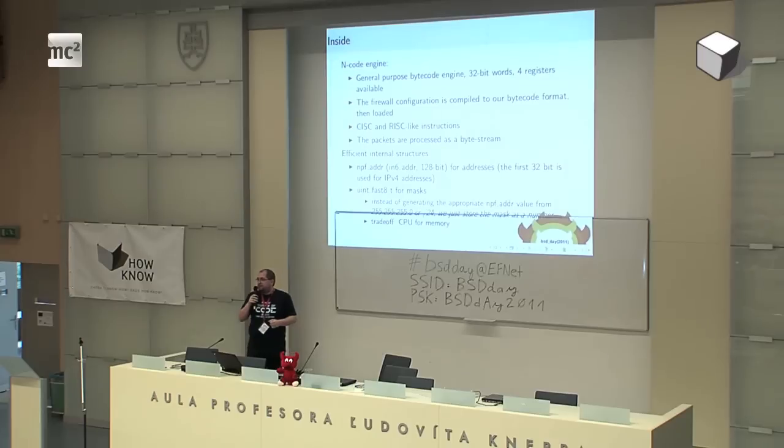And for this reason, we traded some memory for CPU. So if you look at the PF source code, they store the net masks not as the net mask value. For example, if you have a /24, we store only the value of 24. So that's a value. They expand it to 128 bits, as the full mask to do it.